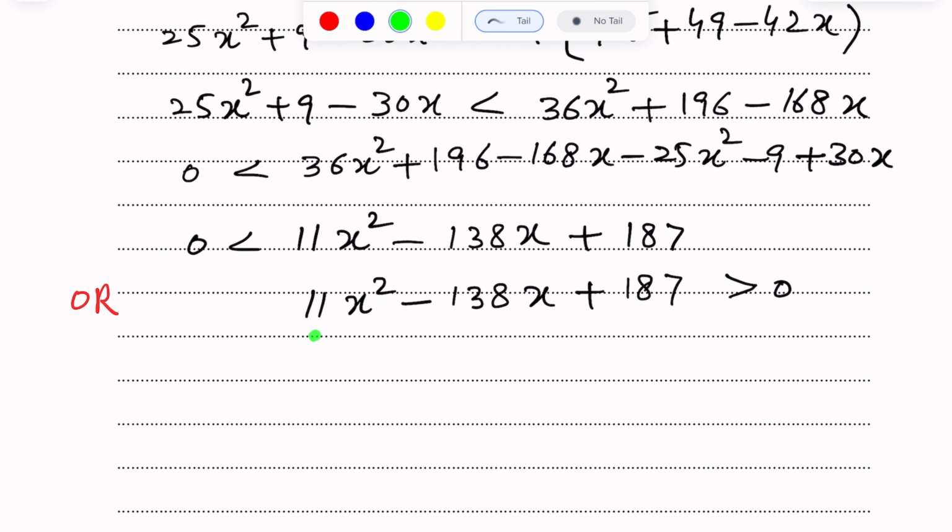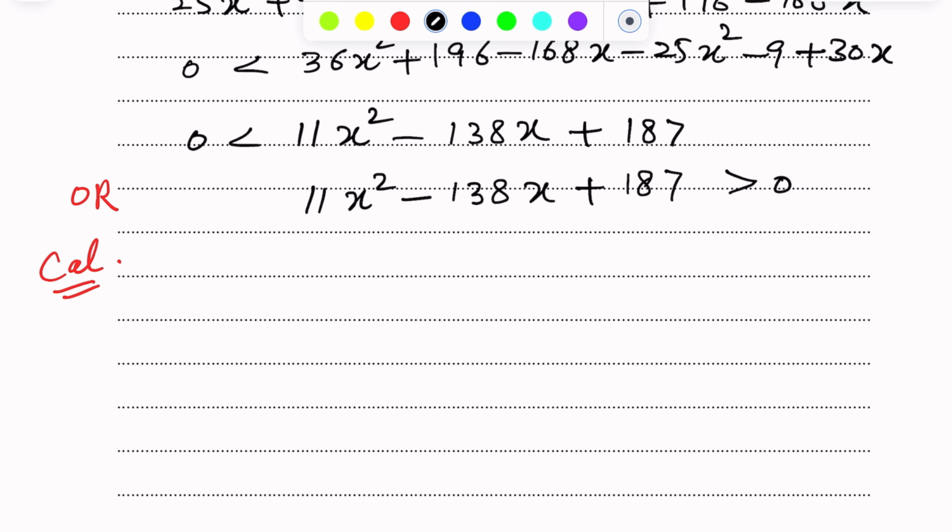Now this is a quadratic inequality. We will find two values of x. Now we use here the quadratic formula or calculator. We get two values of x from here: x is equal to 11 or x is equal to 17 over 11.